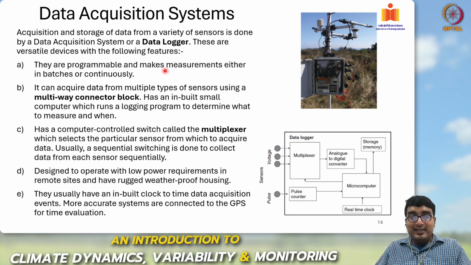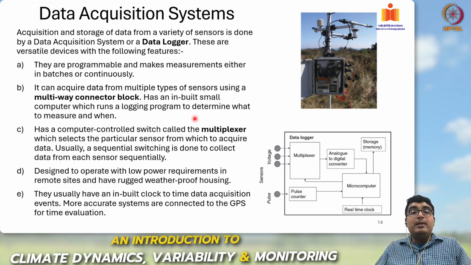It can acquire data from multiple types of sensors using a multi-way connector block. We will discuss this when we are looking at this. Basically, there is something called a multi-way connector block through which multiple types of sensor data can be acquired all together.